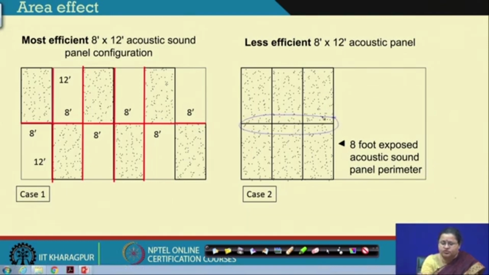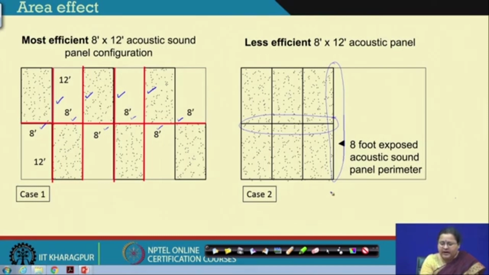Here there is no open edge, and here only once the open edge is there, whereas here you see 1, 2, 3, 4 times the open edge is there, and the entire 8 feet edge is kept open all around.